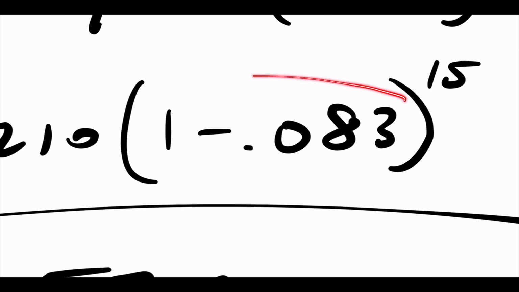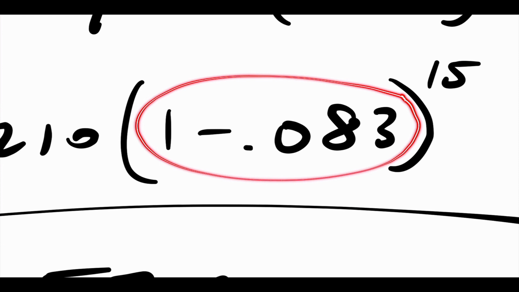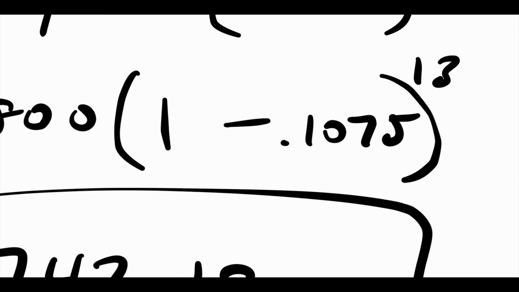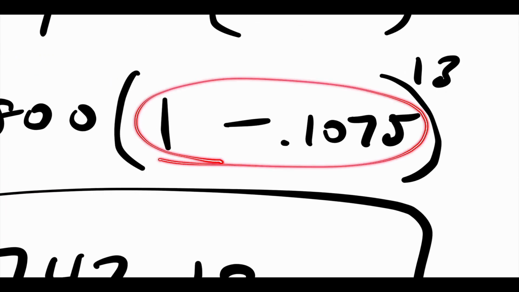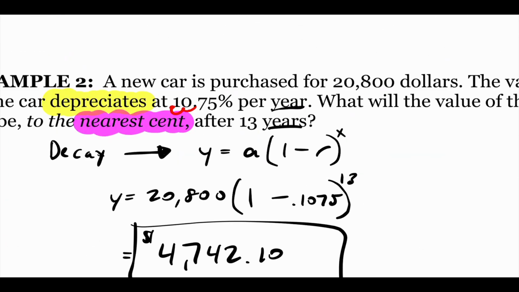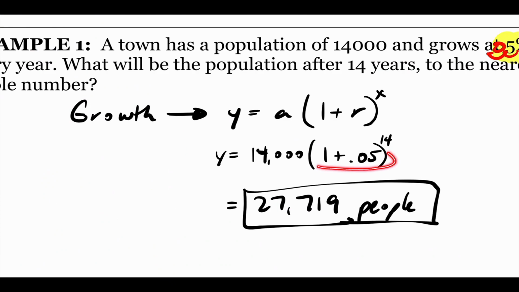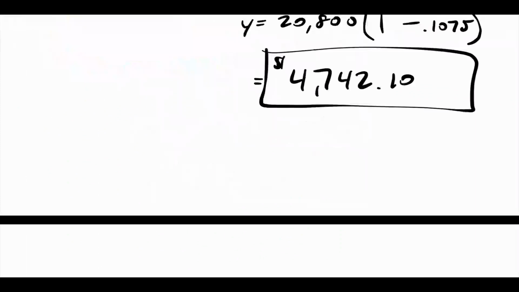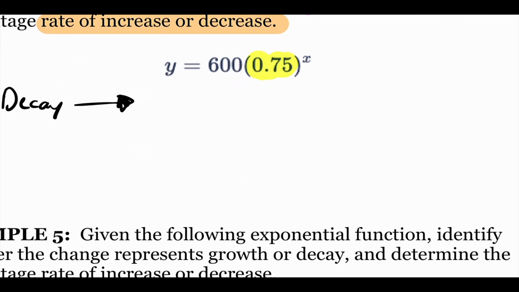They did this part right here. 1 minus this guy. 1 plus this guy, right? So we got to figure out what number this is. So essentially what we're doing is we're trying to figure out what number is this.